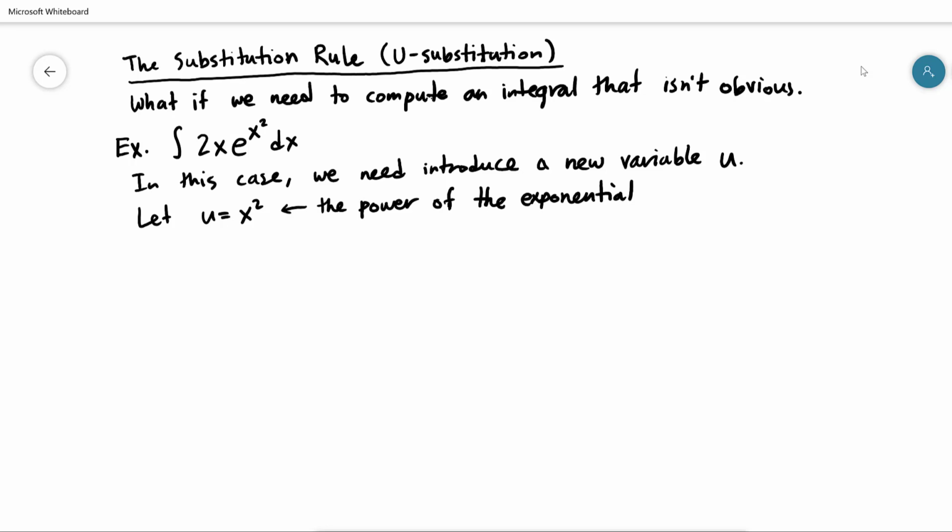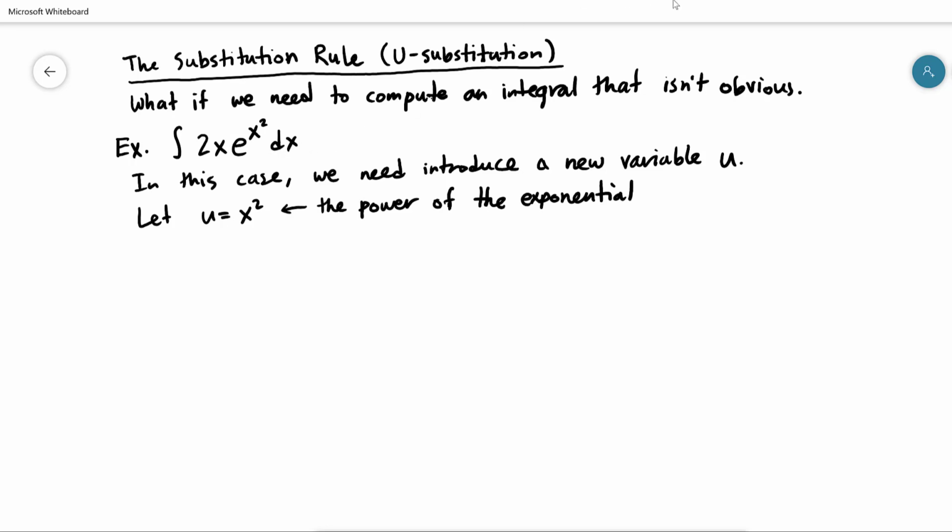And there may be other things you can pick. If this is what I'm letting u be, and I want to eventually write this entire integral in terms of this variable u, so right now this would become e to the u, I would still need to figure out how to replace this x here and this dx here.